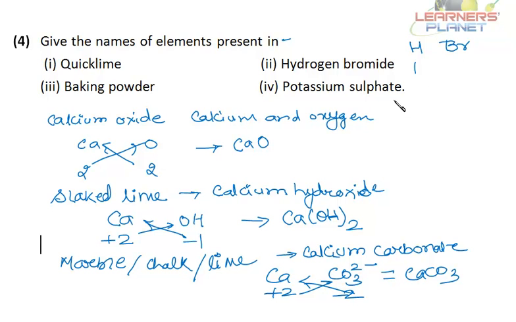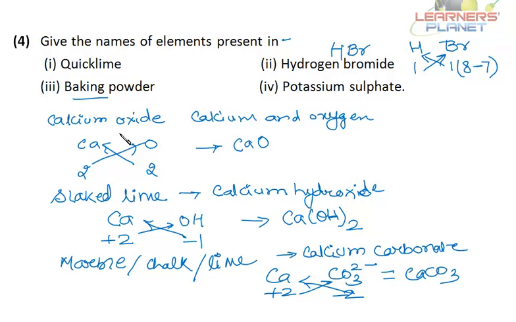What are the valencies? 1 is of hydrogen as it belongs to group 1. 1 is of bromine, though it belongs to group 7. So what is the valency? 8 minus the number of valence electrons or the group number. Just cross over the valencies. So what will be the formula of hydrogen bromide? It will be HBr. Right?